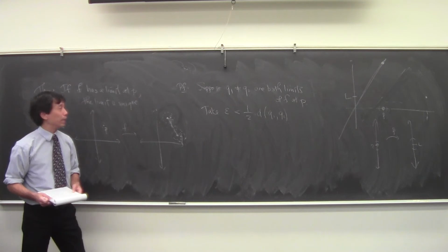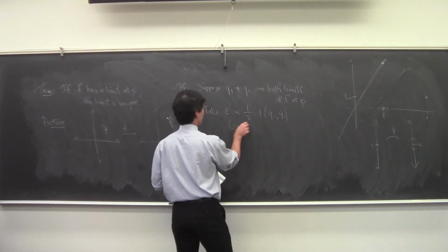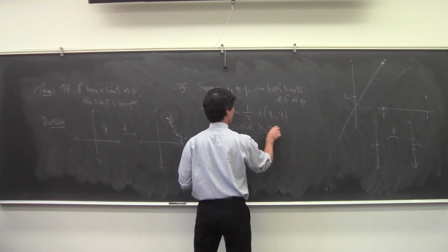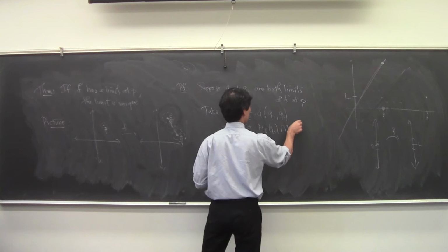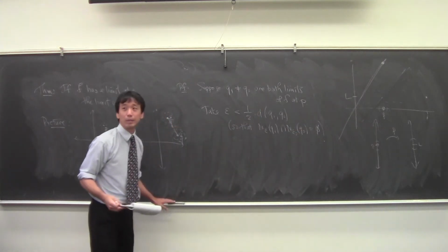Okay? So that the intersection is empty, right? So that the intersection of the epsilon neighborhood of Q1 and the epsilon neighborhood of Q2 is empty.